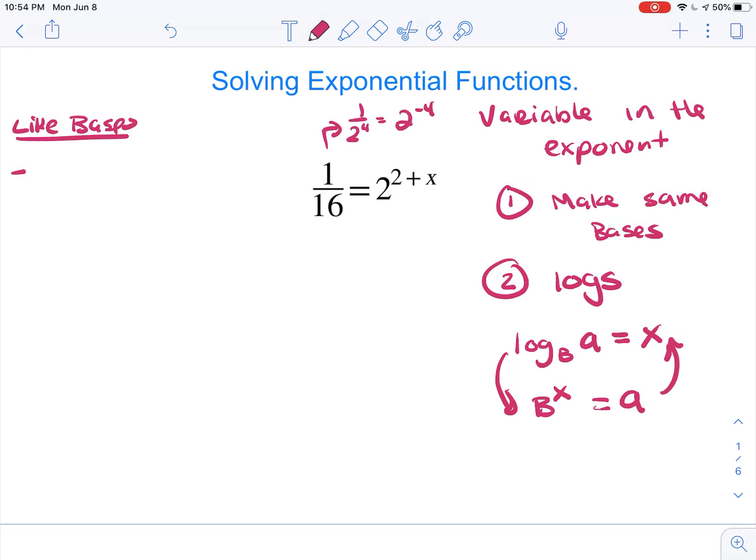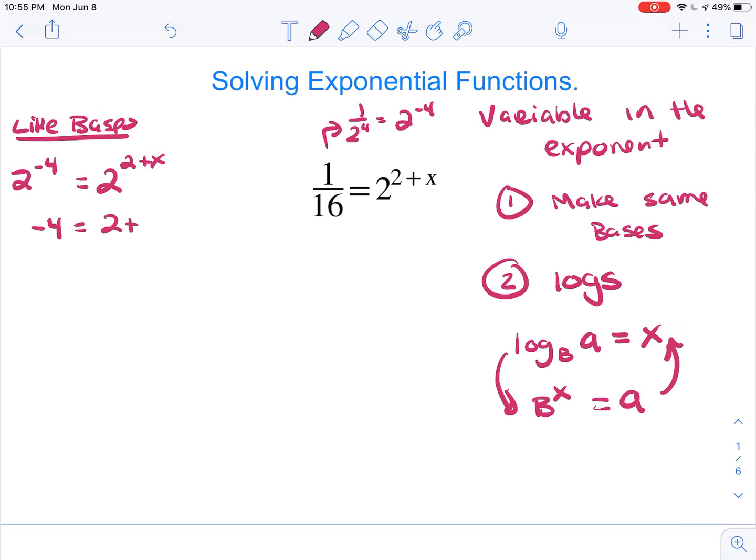So this right here is 1 over 2 to the 4th, which is equal to 2 to the negative 4th. So I can replace this with 2 to the negative 4, and it is still equal to 2 to the 2 plus x. So now they are written in the same base.